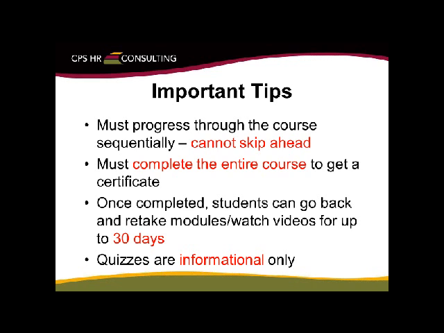Once they have completed a module, they can go backwards and watch a module again, but we've built it so they cannot skip ahead. They also must complete the entire course to get their certificate. That is very important. We'll talk a little bit more about how that ties in then to the applications received process for you all out there in the field.